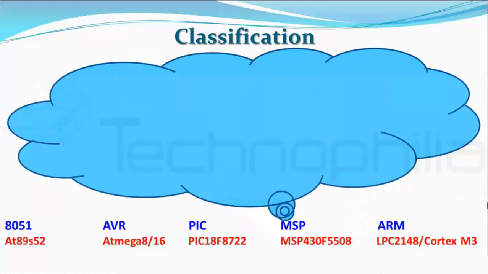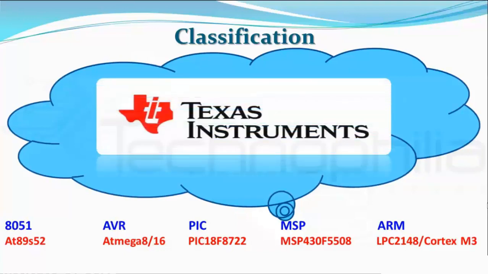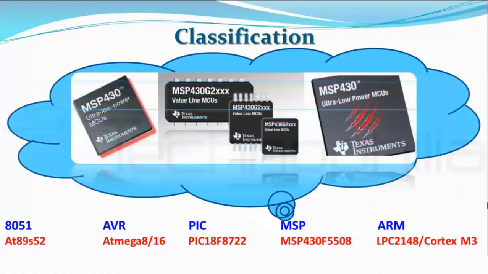Now the MSP series. MSP stands for Mixed Signal Processing. That means it has both analog circuits like ADC and digital circuits like DAC to process analog signals as well as digital signals in the chip. It was developed by Texas Instruments in 1993. These are von Neumann, RISC-type, 16-bit or 32-bit microcontrollers.